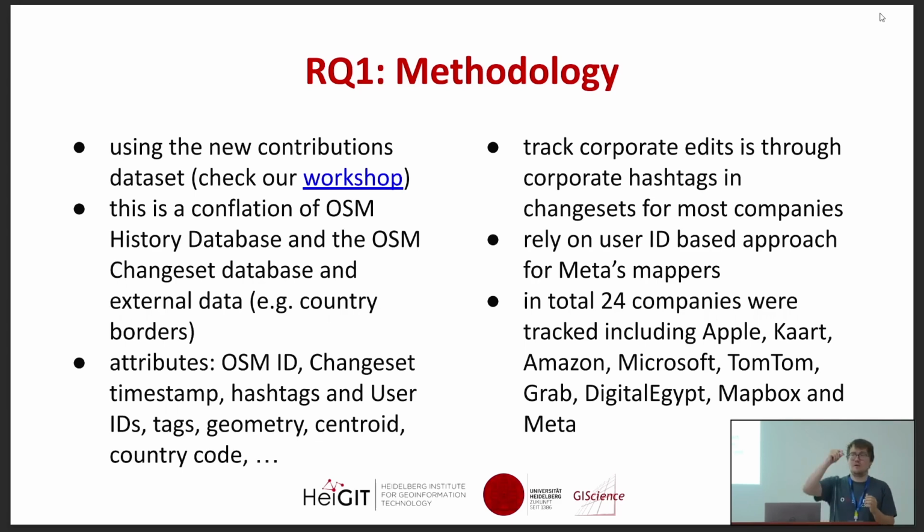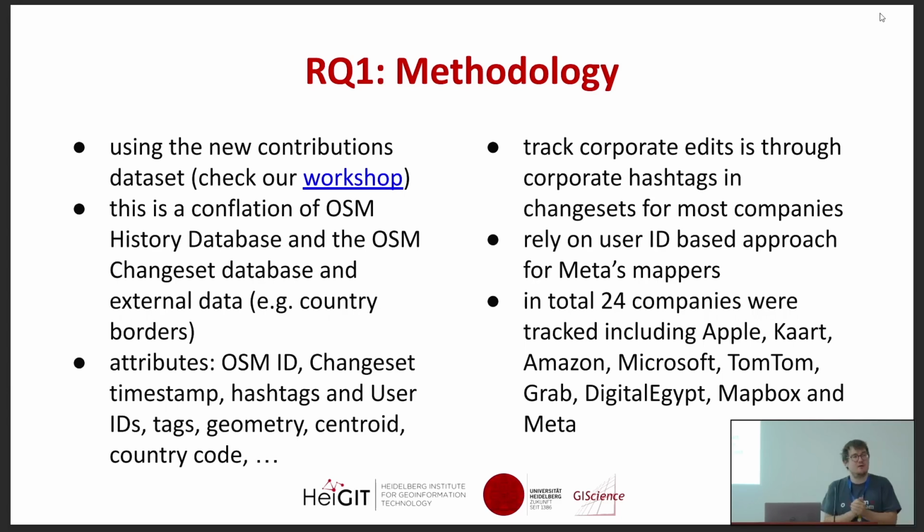And then we merge the information from the changeset, where you have information like which editor was used, whether a particular hashtag was used, or any comments. So we brought those two, usually separate things in OSM, together and generated a big data set that we used for this analysis.